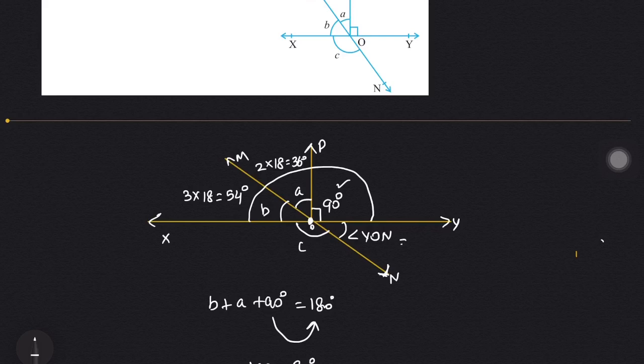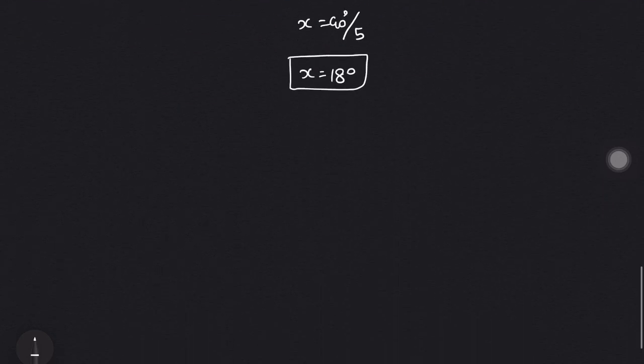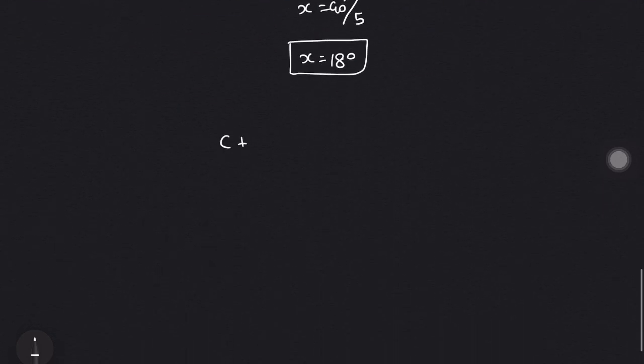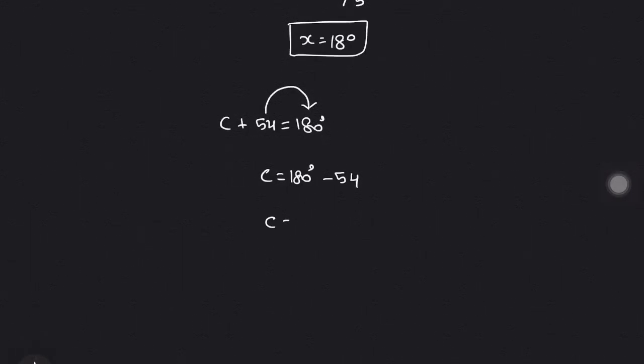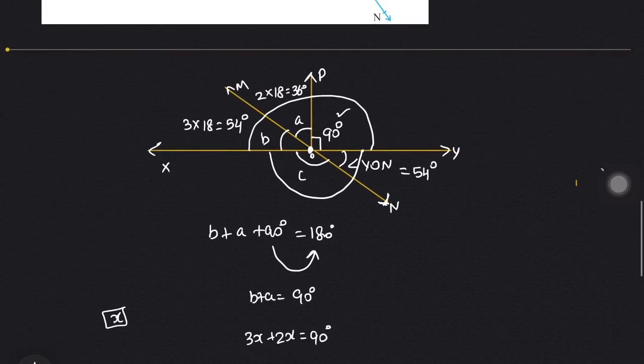So this angle is also 54 degrees. We need to find c. So compare angle c plus angle 54. This is also a linear pair. Just adding together, angle c plus 54 is equal to 180 degrees. So angle c is equal to 126 degrees. That's it.